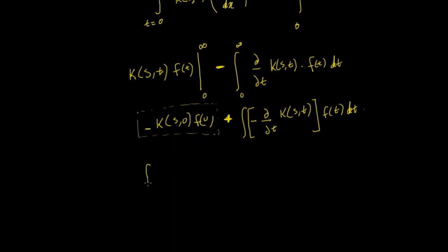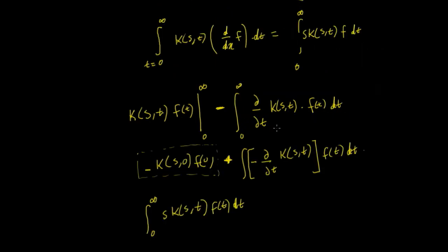So we'll have the integral from 0 to infinity of s times k of s t times a function f of t dt. So that's just the right hand side of our equation up here, and now the integration by parts here, that's the left hand side.